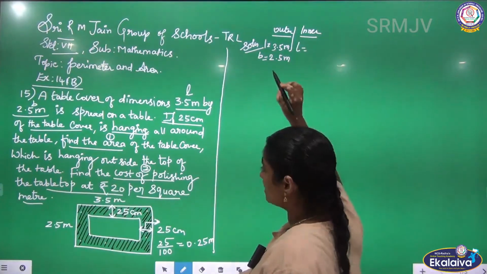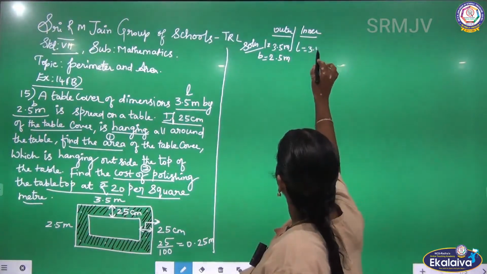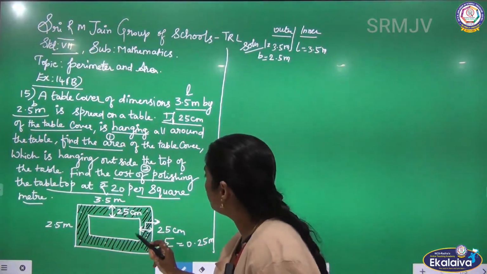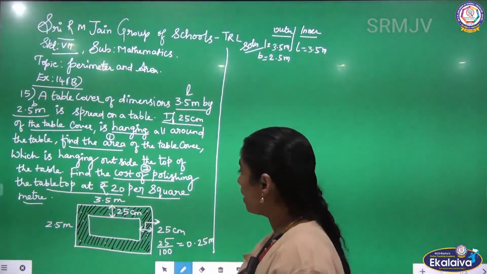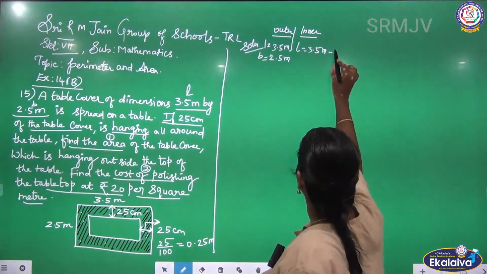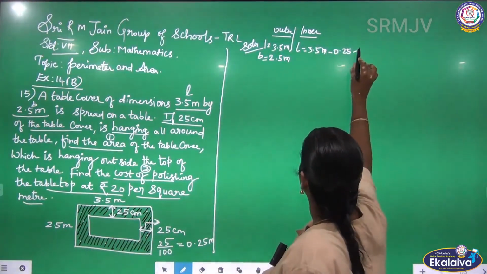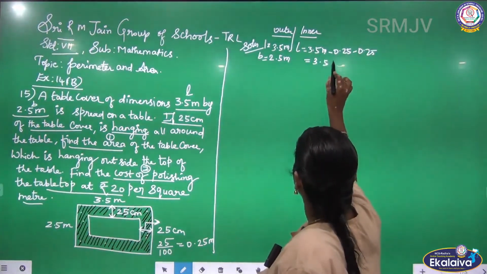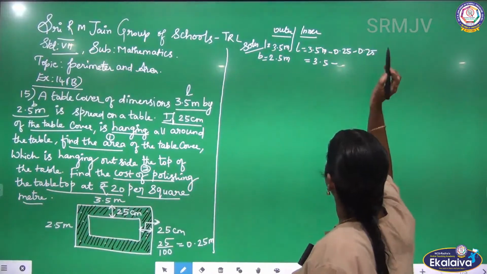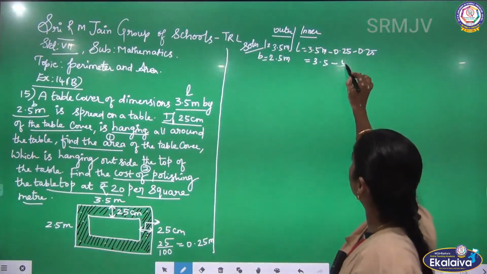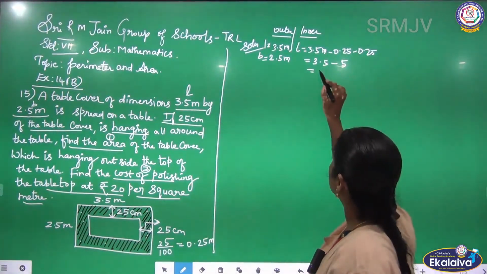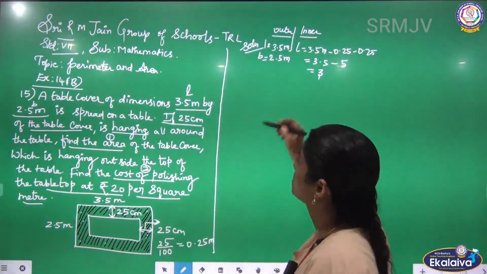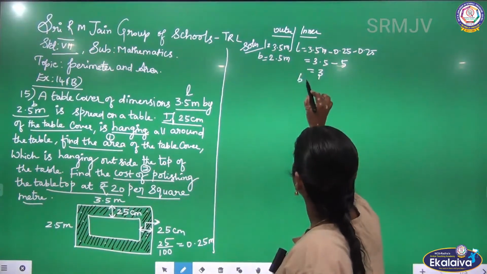The length is 3.5 meter, here 0.25, here 0.25, so I am going to subtract that. 3.5 minus 0.25 minus 0.25, which is what? 0.5. So 3.5 minus 0.5 is 3. Inner rectangle length is 3.